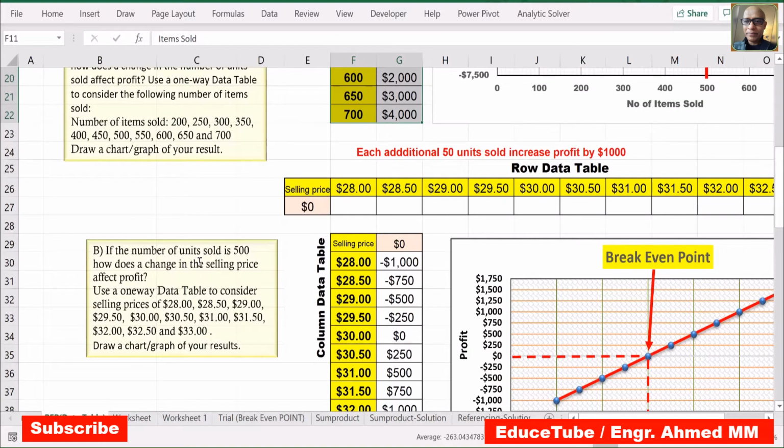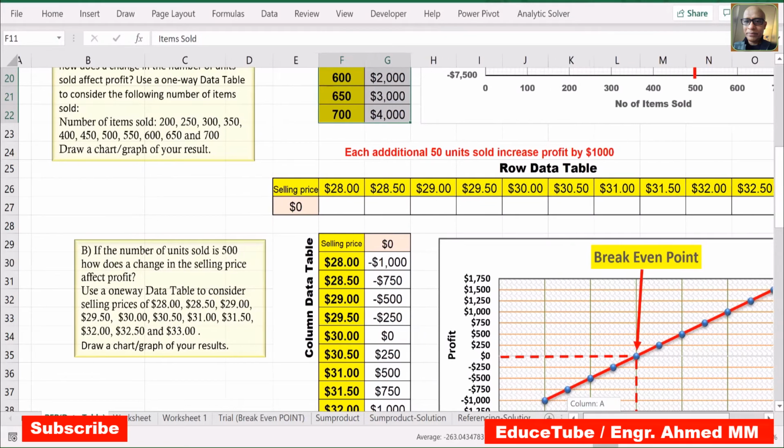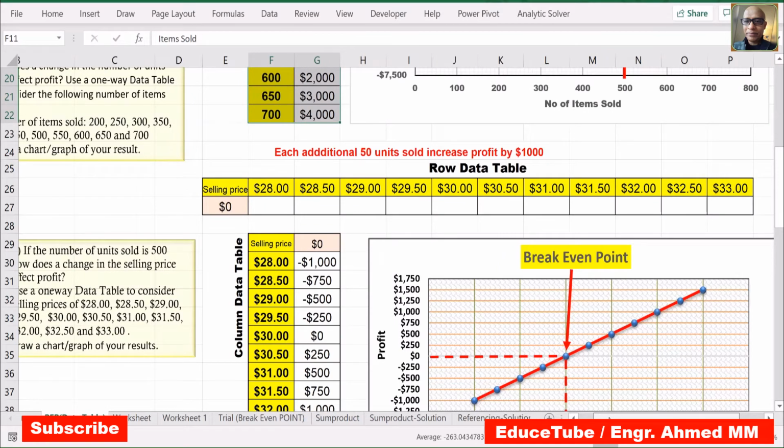If the number of units sold is 500, how does a change in selling price affect profit? So also here it says one-way data table. To consider selling price, say 28, 28.5, 29, so 50 cents increments up to 33. So we have taken data up to 33.